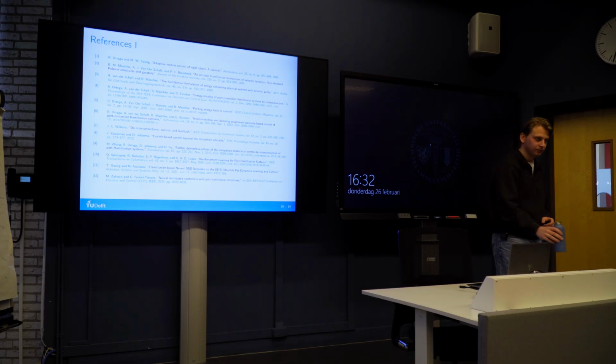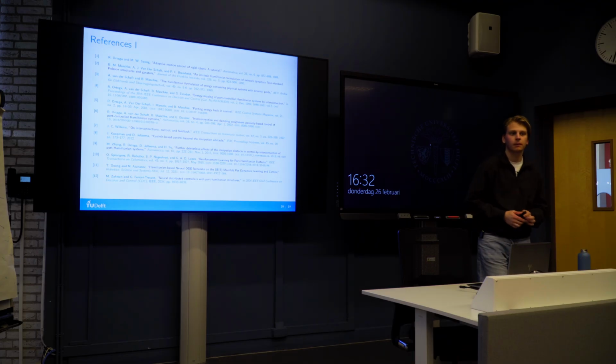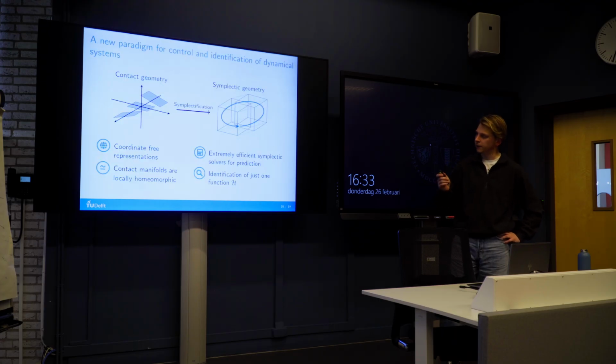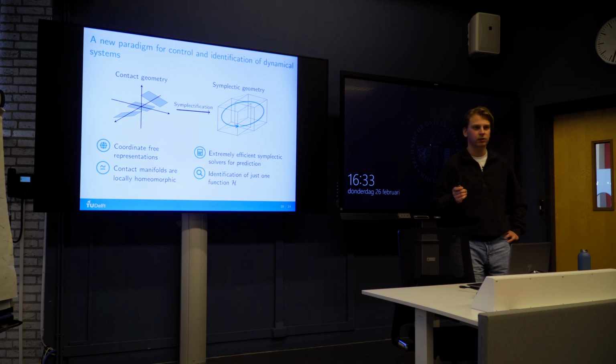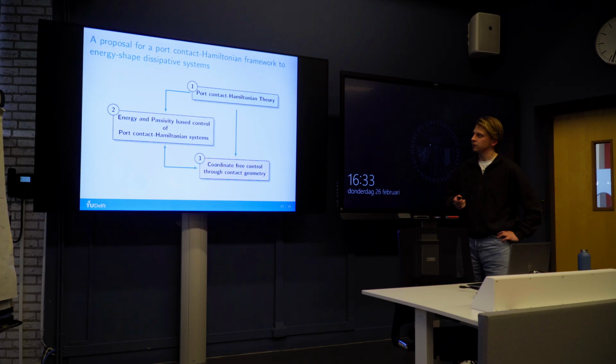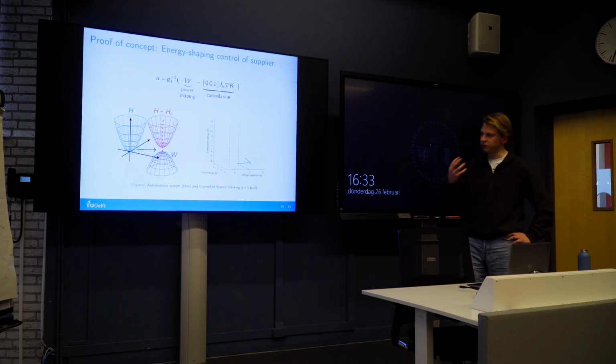Further questions? At some point you mentioned that you will track the U as well now, the U system. But don't you still need all the states to track the U? So you mean you have the same complexity basically as the IDA-PBC, because there you also need to track all these states. Yeah, definitely. So this is a proof of concept to show that we are in a very good shape to be tackling this problem.